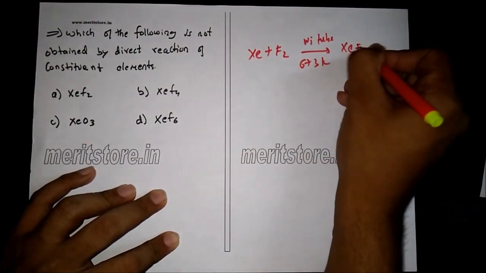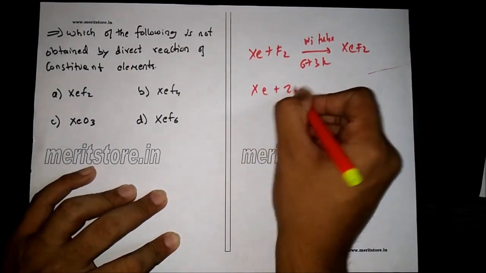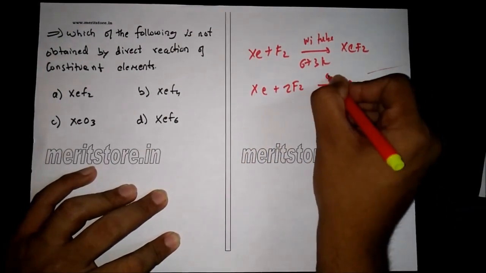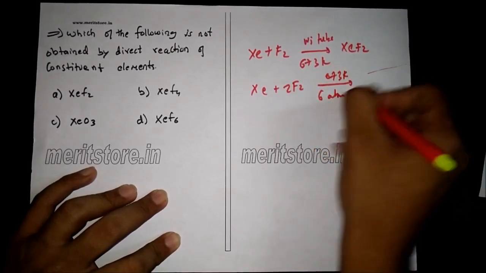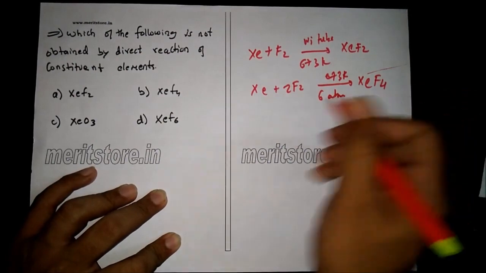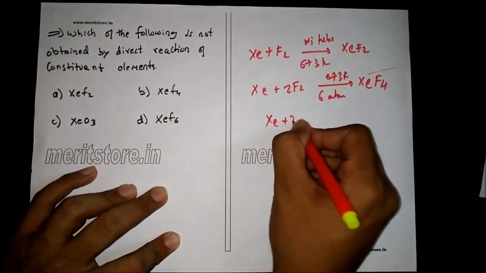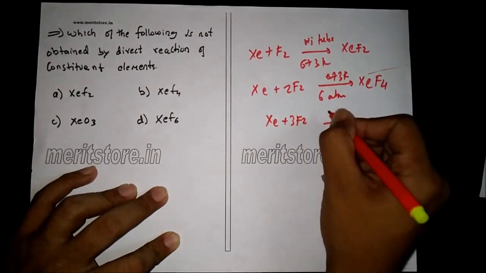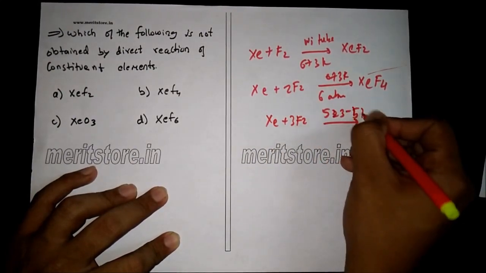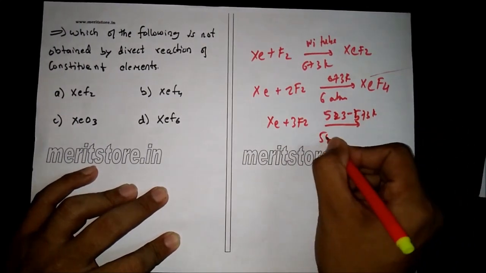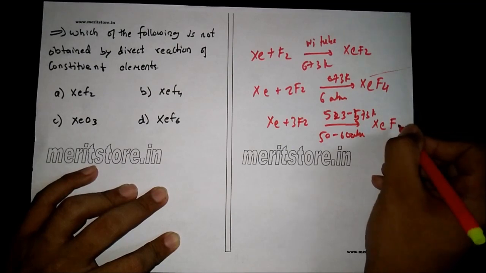XeF4 is prepared by Xe plus 2F2 at 673 Kelvin at 6 atmosphere. XeF6 is prepared by Xe plus 3F2 at 523 to 573 Kelvin at 50 to 60 atmosphere to give the product XeF6.